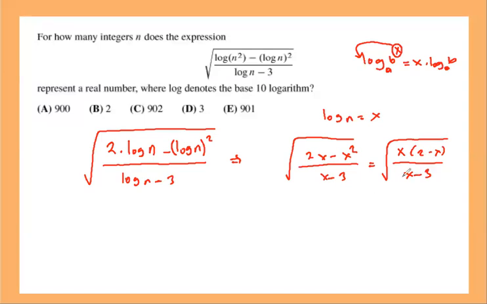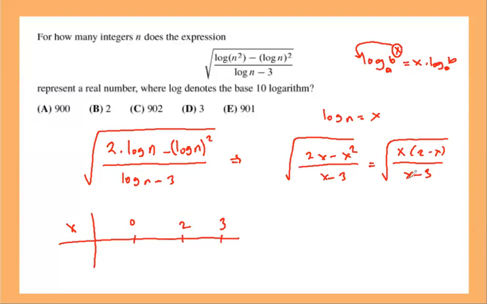Now we have a rational function inside a square root. Whenever we deal with that, I would love to have the sign diagram of the zeros of the numerator and denominator. You get zeros at 0, 2, and 3. The smallest one is 0, the next one is 2, and then 3.